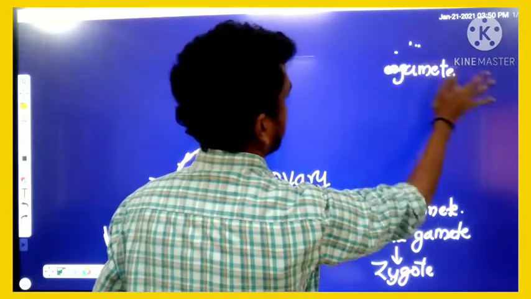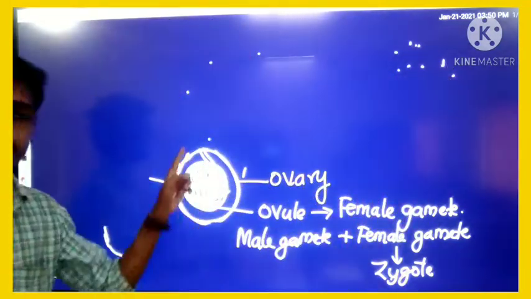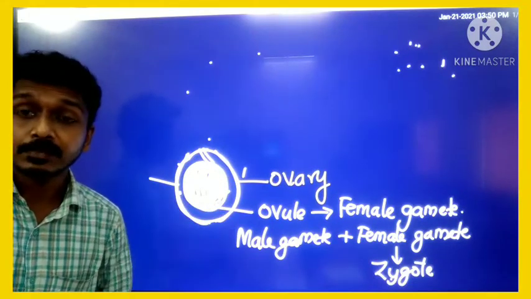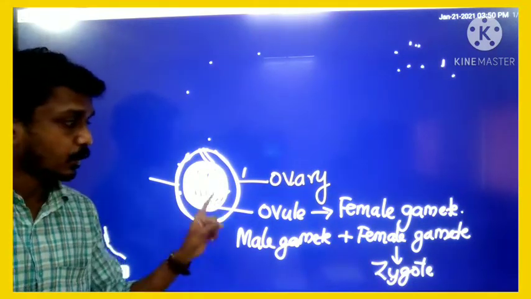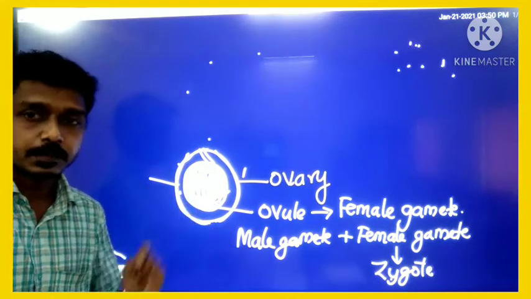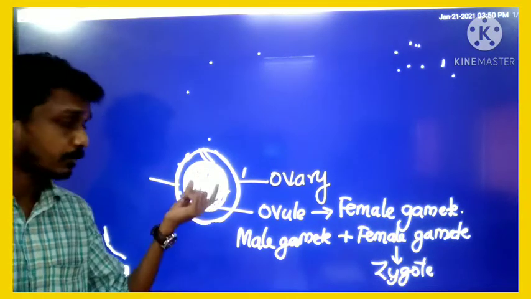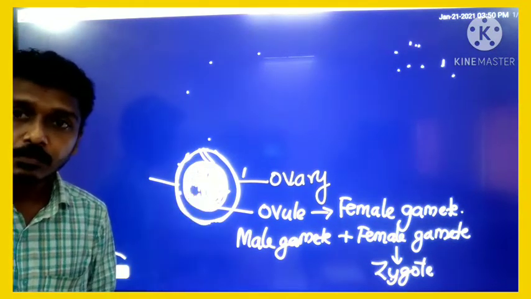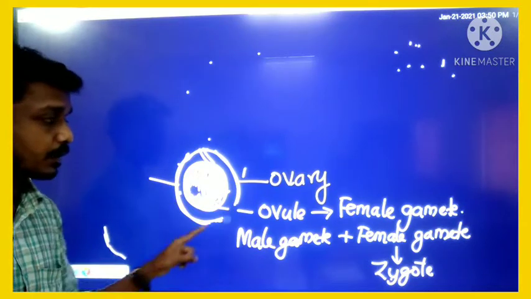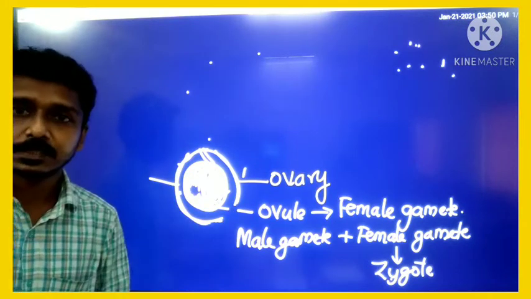That means at last, the ovule forms here as a seed, and the ovary forms here as a fruit.